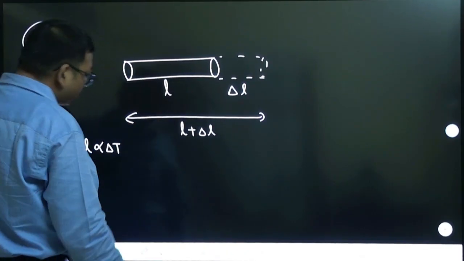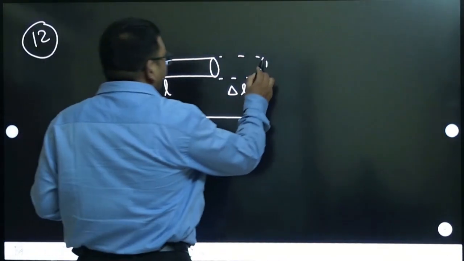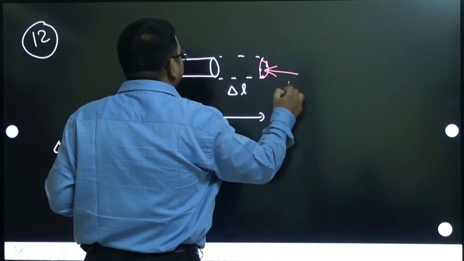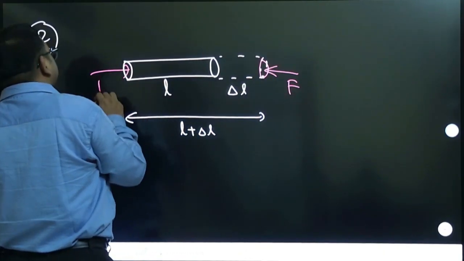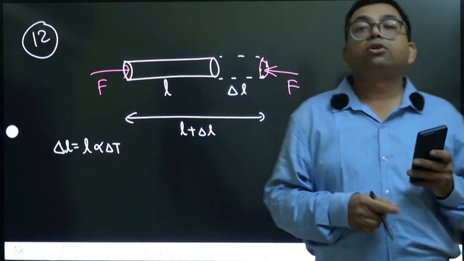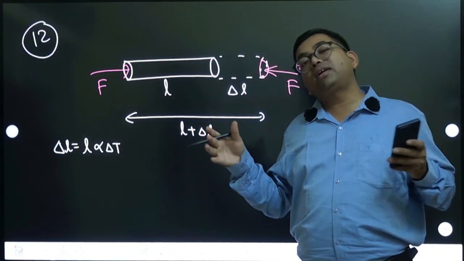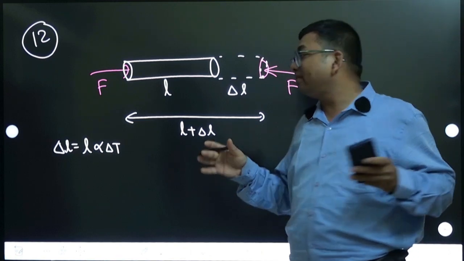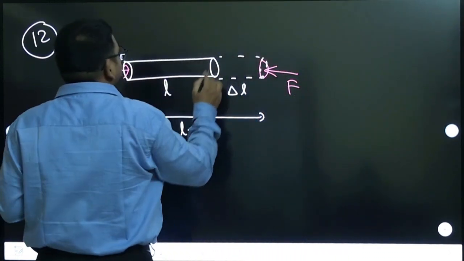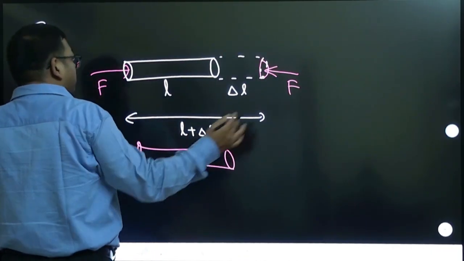Now note that they want no elongation. So when it comes here, you start applying a force. This is the compressive force they are talking about. Compressive force will be applied at the final length. That final length will become like an original length, and then you compress it back to this position. You compress it back and bring it here, right?